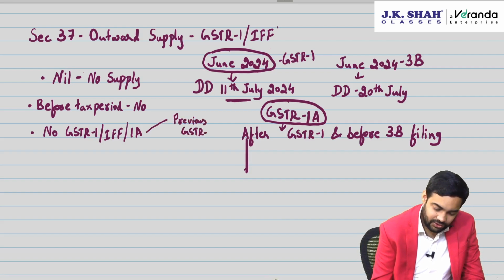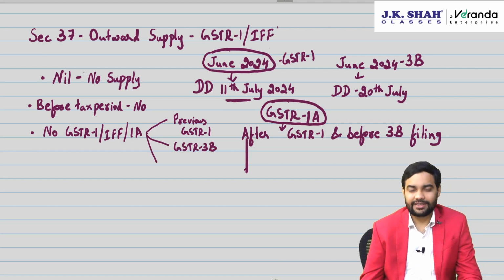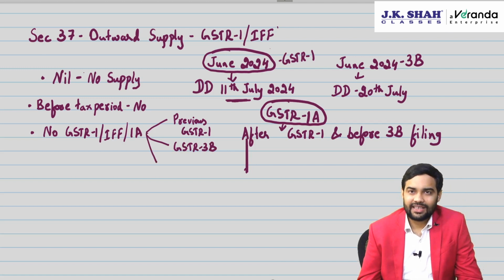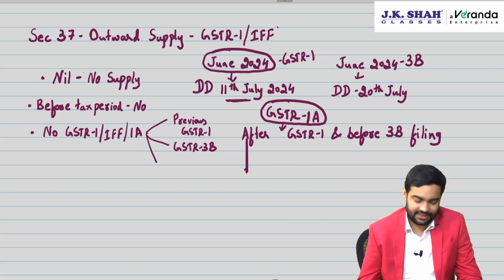Then suppose you have not filed the previous GSTR 3B, then also you cannot file GSTR 1 of the current period. That means if you don't file May GSTR 1, you cannot file June GSTR 1. If you don't file May 3B, you cannot file June GSTR 1.